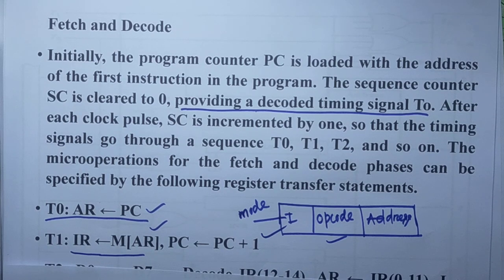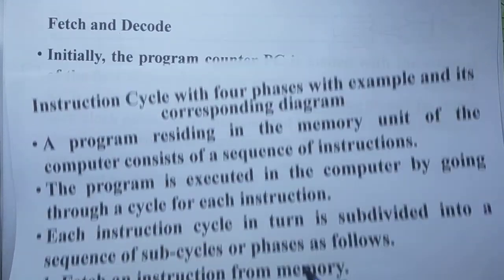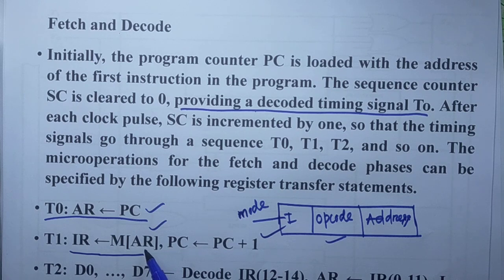So the PC assigns that instruction to the address register, and in the second clock cycle the address register content is transferred to the instruction register. Now the instruction register contains that instruction.